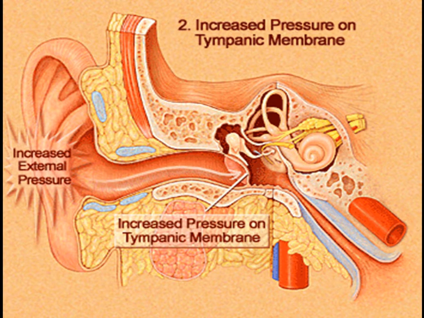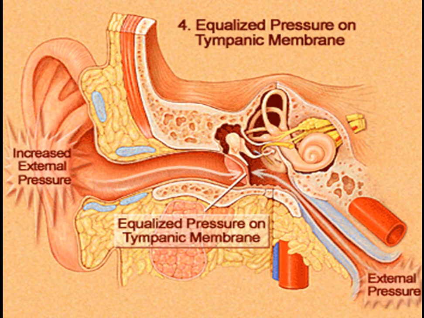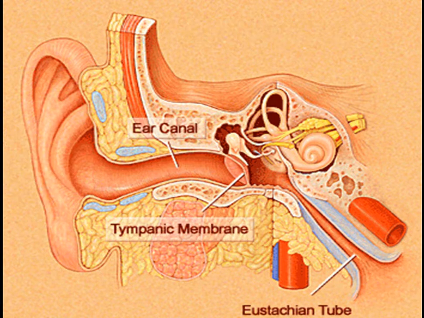So increase in external pressure increases pressure on the tympanic membrane, or pressurization of the middle ear by the eustachian tube can also affect the pressure over the tympanic membrane. So this is a very important structure in the middle ear cavity.